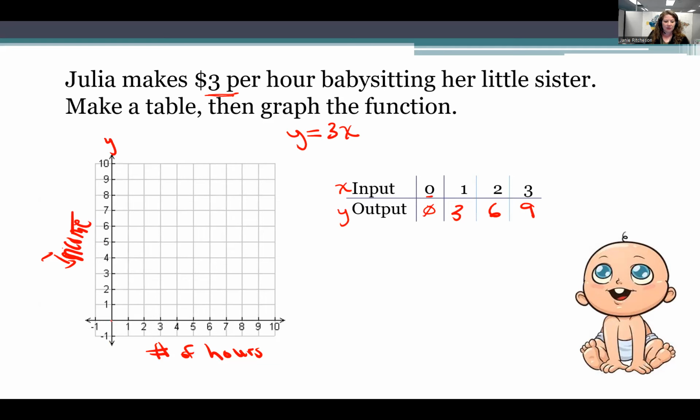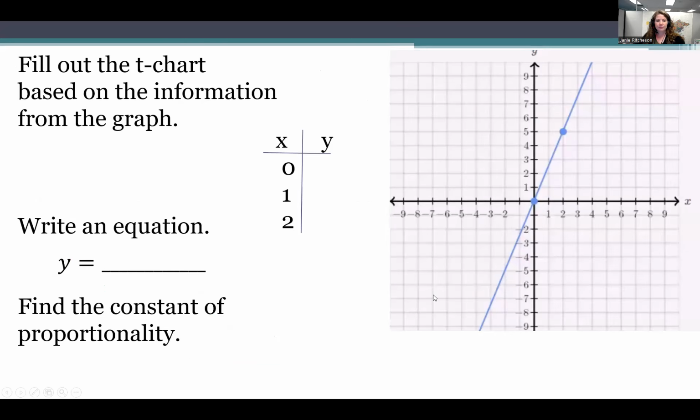All right, so 0, 0, 1 hour, $3, 2 hours, $6, 3 hours, $9. So if we connected those dots, it would be straight. It'd go through 0, 0. That is proportional. It's a proportional relationship.